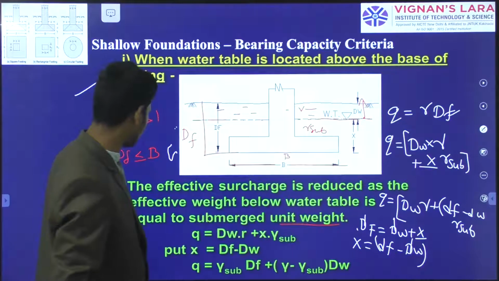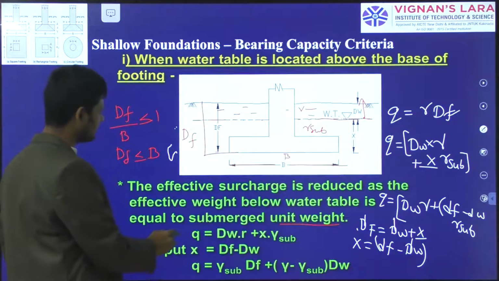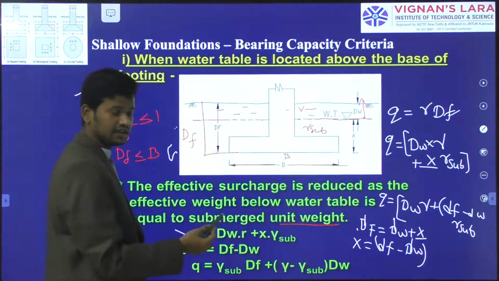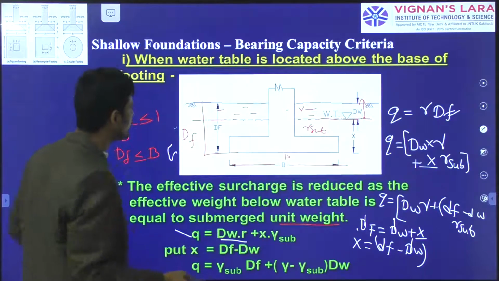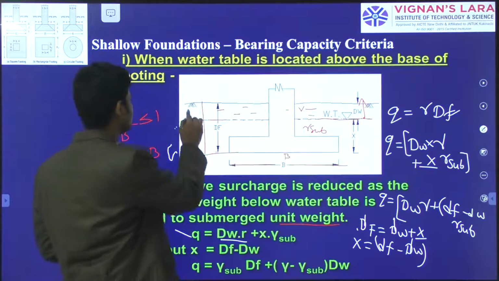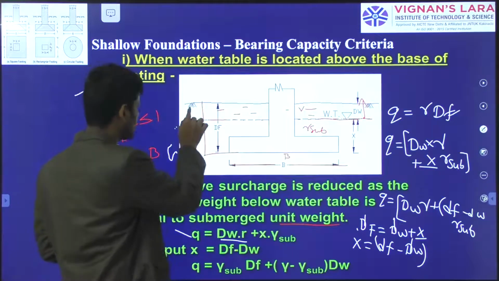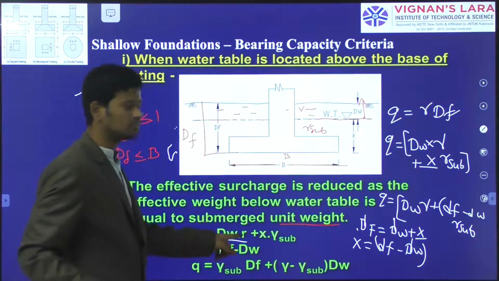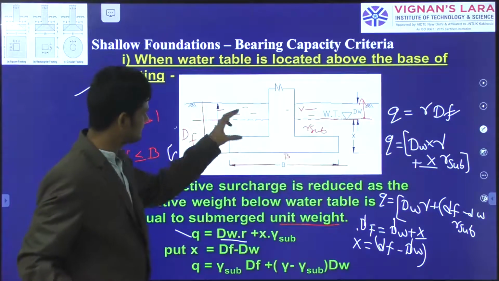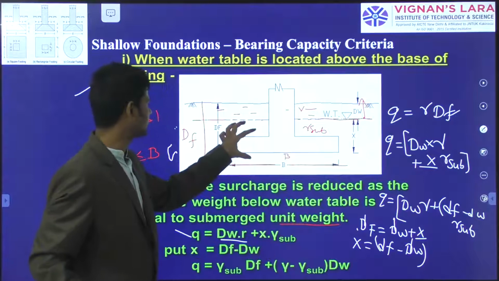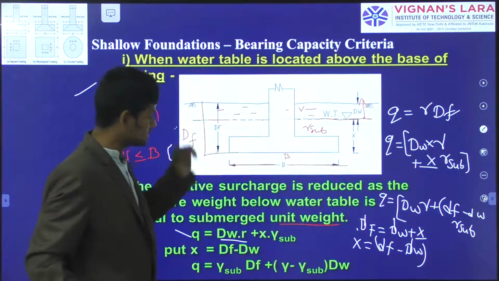These are the terms he explained here. That is q equal to gamma df, where gamma df is the depth of water table into the unit weight of the soil mass, plus x, this much distance, into the submerged unit weight of the soil mass.